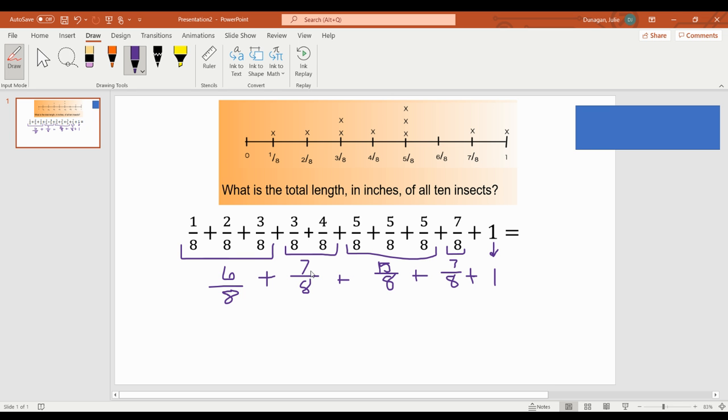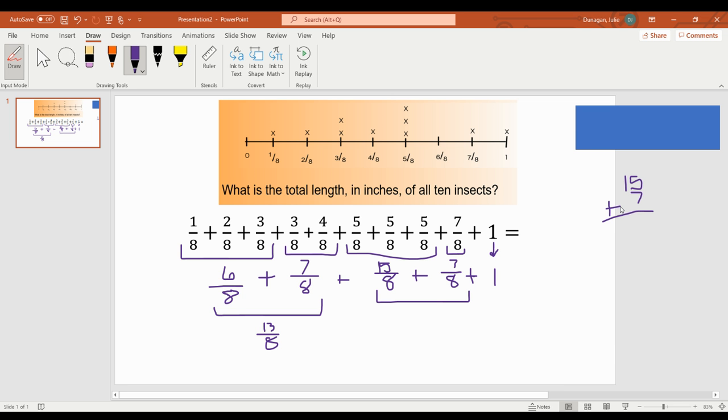Okay, now 6 plus 7 is 13. So we have 13 eighths. 15 plus 7. Well, if I'm not sure, I can write it down, right? So let's do that over here. 15, 7.